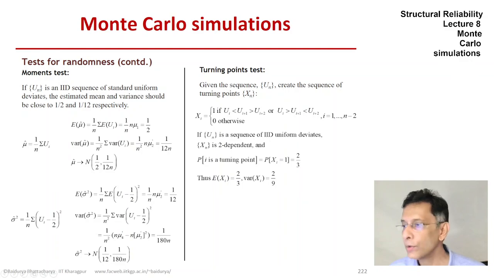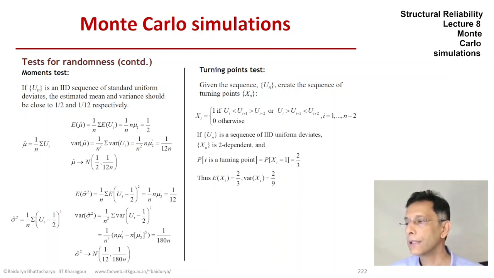We can work out that the probability that x_i is a turning point is 2 over 3. It basically comes from the property that there are 6 possible ways of having a sequence of 3, and 4 of them are turning points and 2 of them are not. So that's how the 2 over 3 comes.